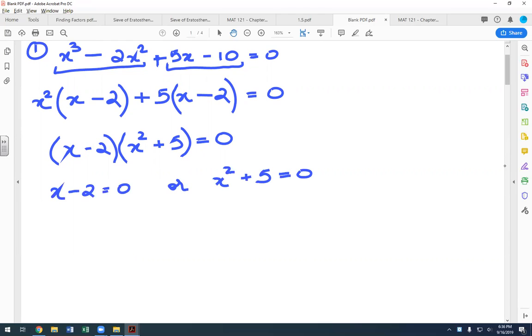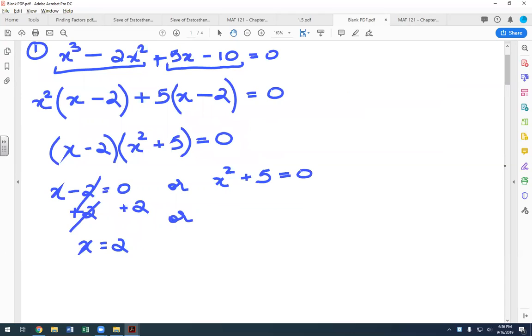So what do you think those two answers should be? Yes, true. So for this one, just move that 2 to the other side. You get x equals 2.